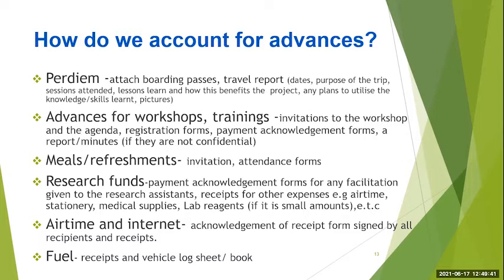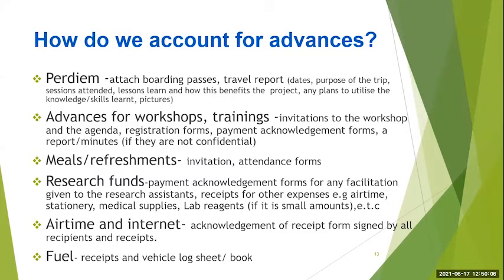Research funds for trainees. Usually they have research assistants to pay, maybe to give transport refund or per diem. So put on those payment acknowledgement forms. They can put receipts for expenses incurred, such as airtime, stationery, medical supplies, lab reagents, if these are in small amounts.